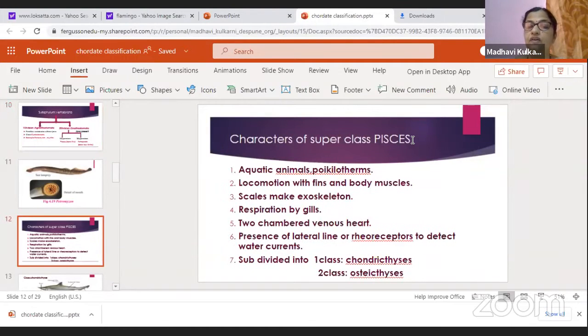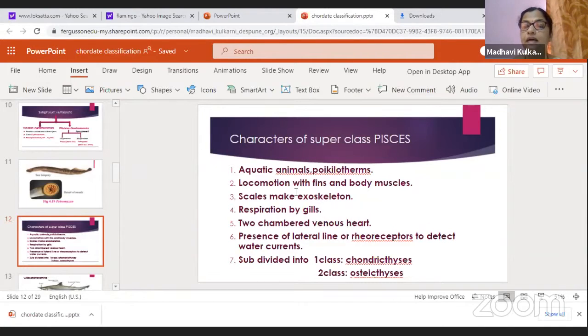The characteristics of class Pisces, or the fishes: they are always aquatic animals. Poikilotherms, that is, they cannot maintain the body temperature constant. Their body temperature changes according to the surrounding water. Second, the locomotion is always with the help of fins.